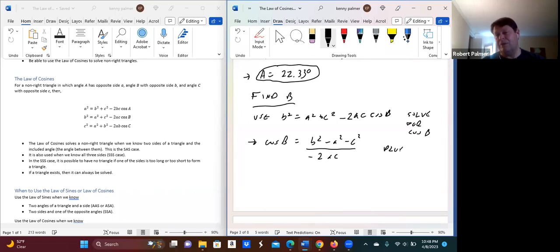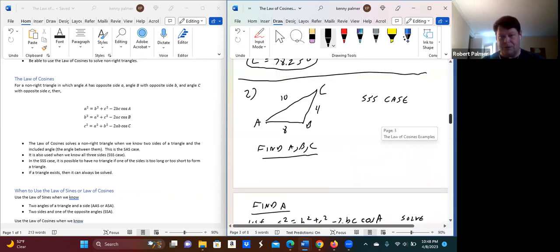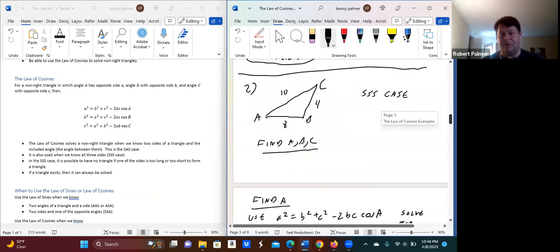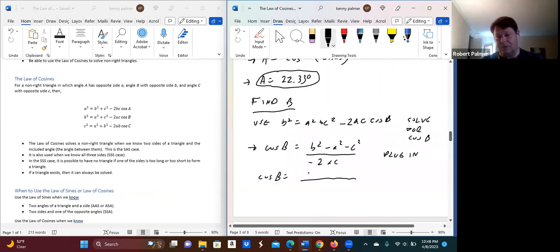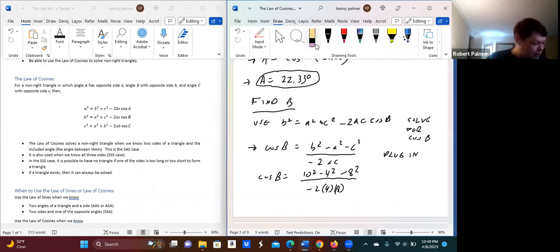Then once again, plug all the details in. And so we're going to have the cosine of B is equal to, let's look back again. So B was 10. It's going to be 10 squared minus 4 squared minus 8 squared over minus 2 times 4 times 8. And we'll check our notes.